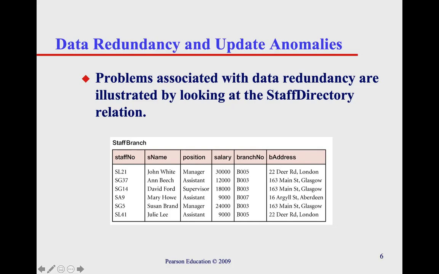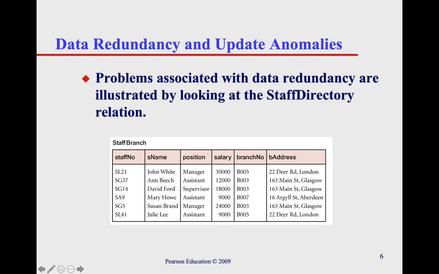So we call this an insert anomaly because there's no way to insert a new branch into this relation unless it has a staff member associated with it. And then there's a third type of anomaly, which is a delete anomaly. If I delete Mary Howe from this relation, then I lose all information about branch B7.